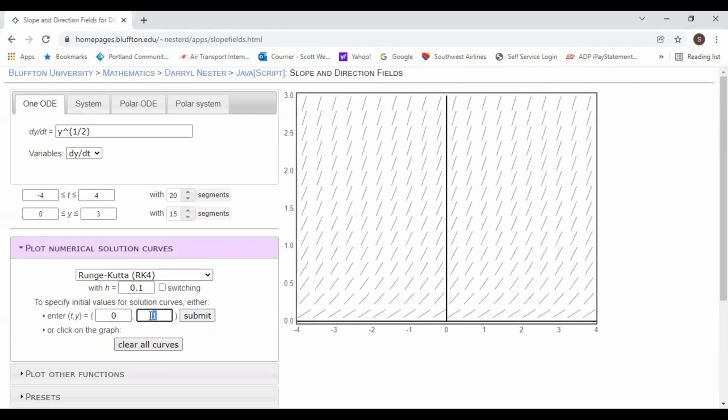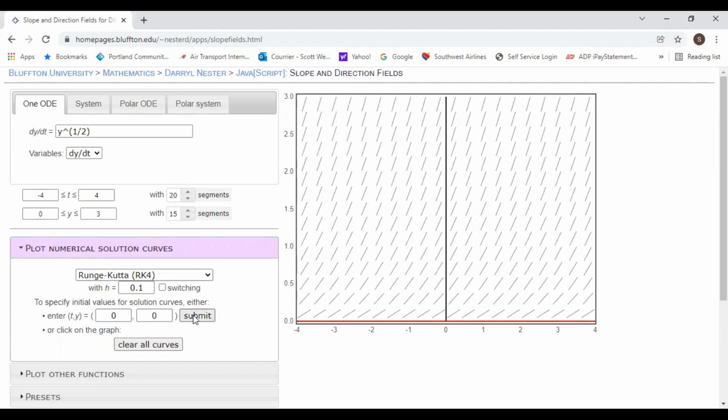And let's just put in y equals 0 and 0 for the y and the t. All right, it just put it right along the bottom there. Not a big surprise. If you plug in y equals 0, you're going to get a slope of 0, which is going to lead to the next point being at the same y value, which is 0, which will then just repeat the whole process over and over again.